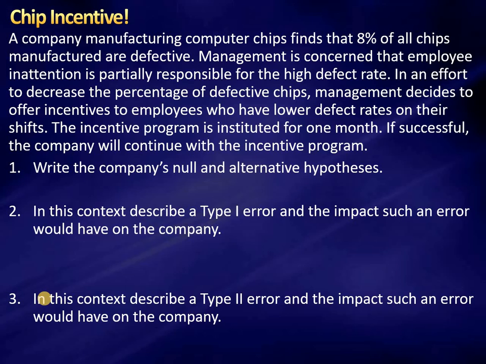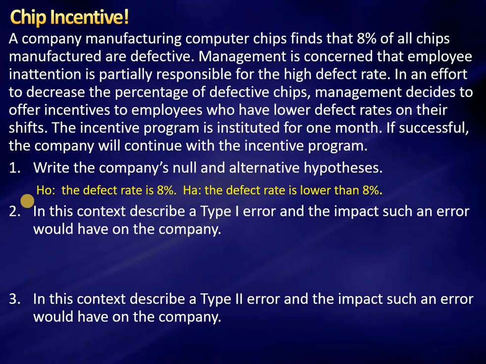If you wanted to identify P to be the proportion of chips that had no problems, you can do that. You just have to be very, very careful as you go through your work. So for us, we're going to set P to be the proportion of defective chips.